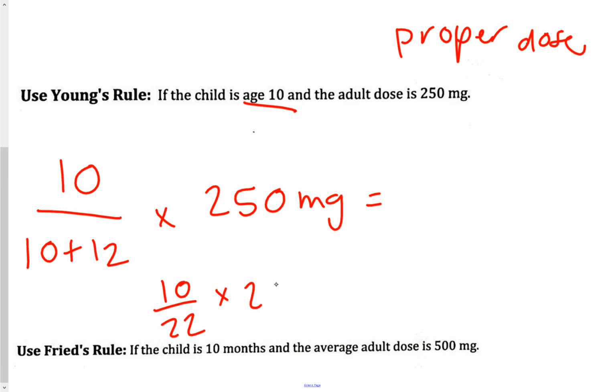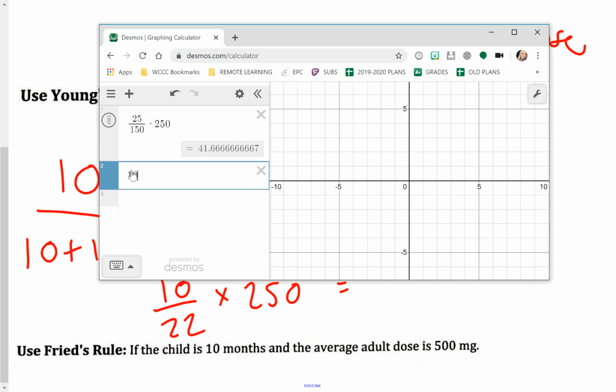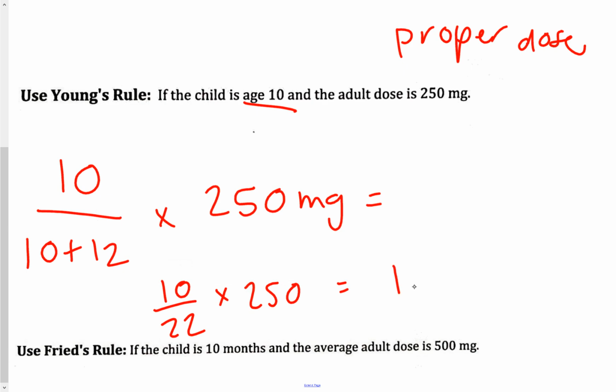And then multiply that times 250. And you get 113.63. So let's say that it said to have 2 decimal places for that, then you'd want to have it as 113.63. Perfect.